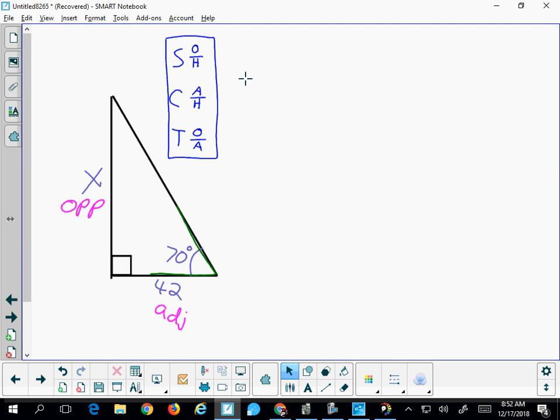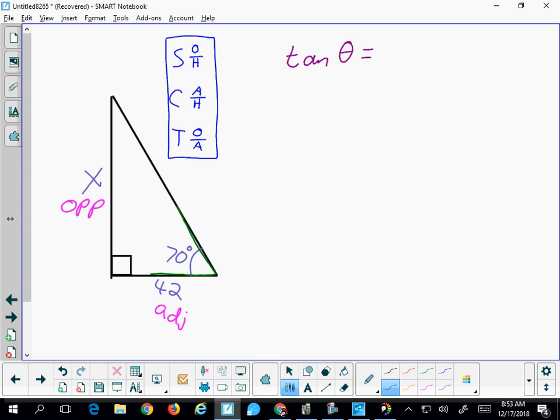So now, which one of those three uses opposite and adjacent? Tangent. So that means my equation is going to involve tangent. So just like before, I'm going to write my generic equation up first. So I have tangent theta.